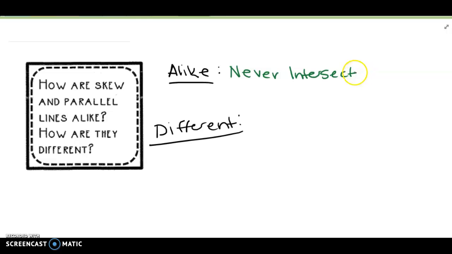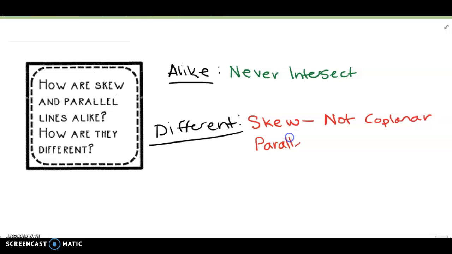So skew lines never intersect and parallel lines never intersect as well. The difference between the two is skew lines are not coplanar. However, parallel lines are coplanar. Okay, so that's how they're alike and that's how they're different.